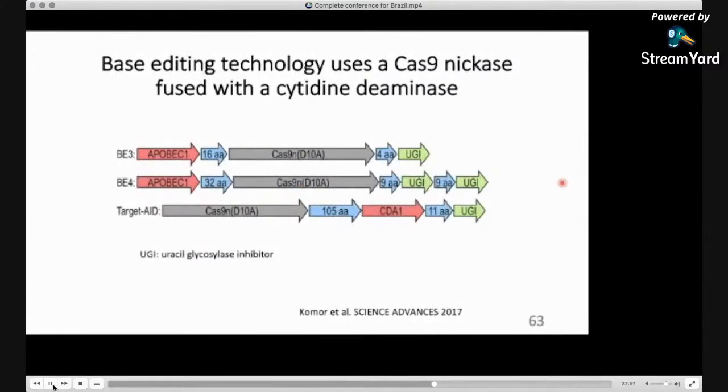The first treatment which permitted the modification of a single nucleotide was developed by Komor et al. in 2017. It used a Cas9 nickase, that is a modified Cas9, which is able to cut only one strand of DNA, and this Cas9 nickase is fused with a cytidine deaminase.